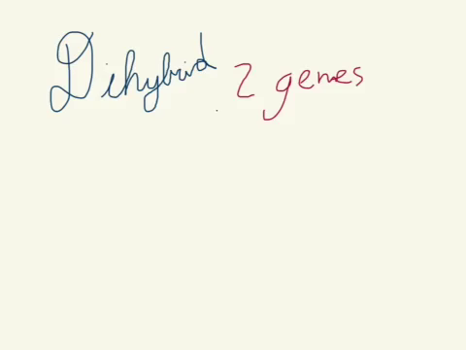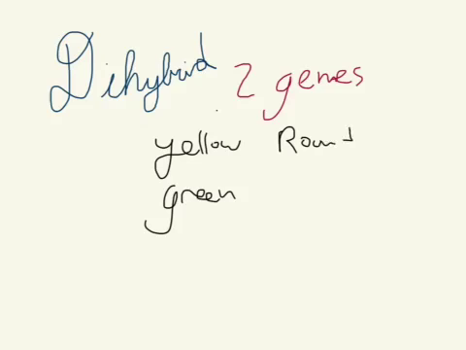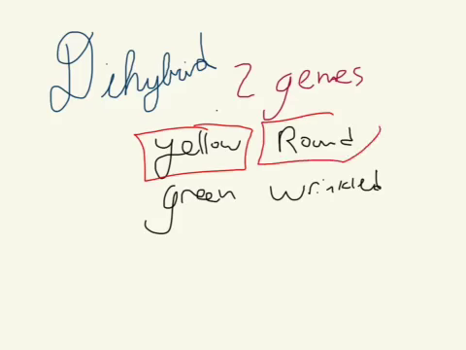For this example, we'll go back to Mendel and look at peas, and we will look at two different colors, yellow or green, and if a pea is either round or wrinkled. We're going to have yellow be our dominant trait, as well as round.